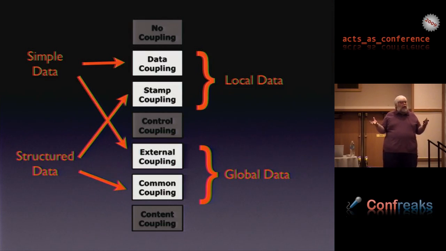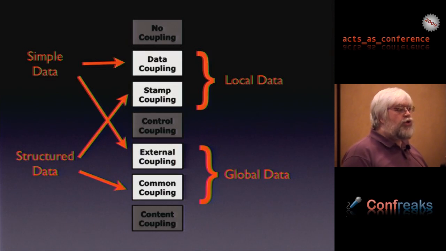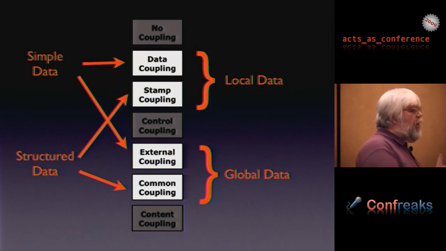If you have two modules that are merely connected by a method call that passes simple primitive data like integers, that's fairly lightweight coupling. If they pass data that has more structure to it, if you're passing domain objects like user objects, that's a little tighter coupling between them.